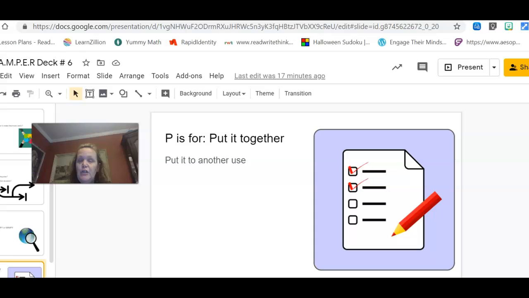You put data into it, and it helped you solve the problem. Now they help us with directions. They help us with teaching. Now we can videotape ourselves teaching with our computers. So we put computers to different uses over time. So P is for put it together or put it to another use.